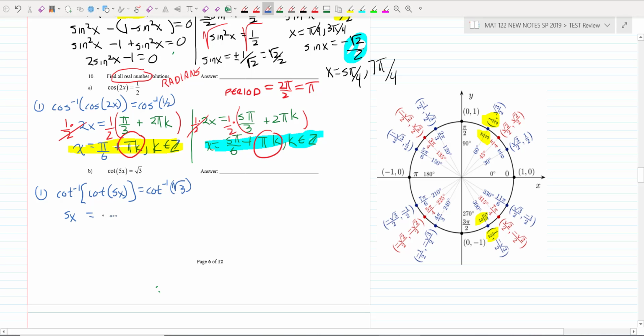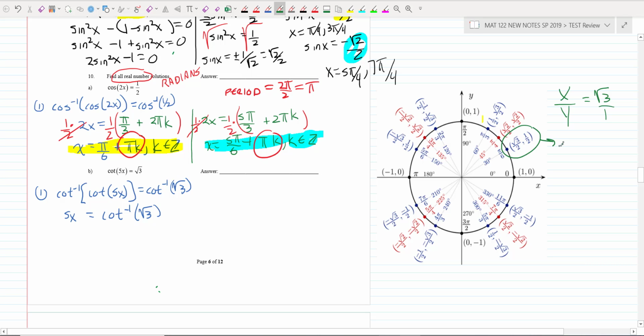So we have 5x equals the inverse cotangent of square root of 3. So what you want to do on your unit circle now is look at, remember the cotangent's x over y, so we're looking at where x over y is the square root of 3. That actually happens two places.